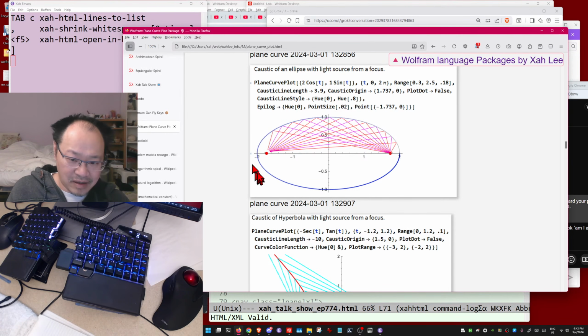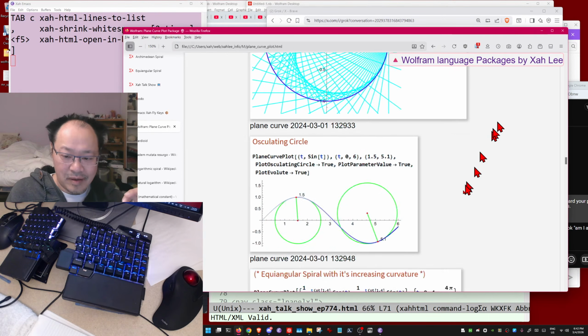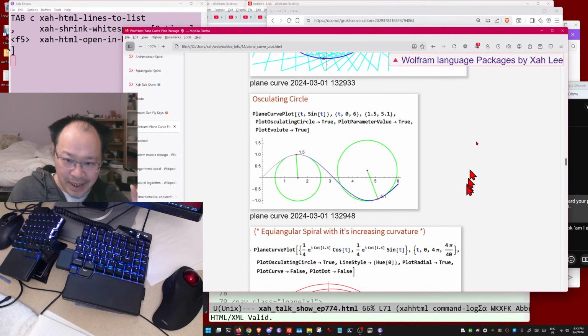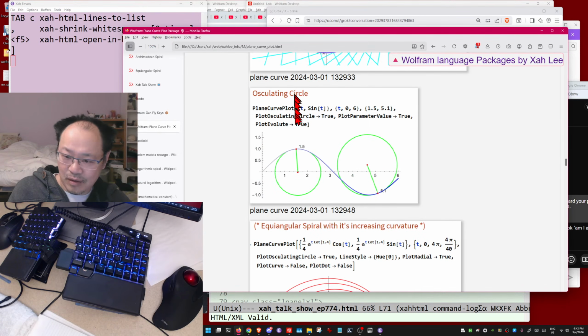That's the concept of curvature. Do you guys see what I mean? The concept of curvature is captured by this so-called osculating circle at any point on the curve.